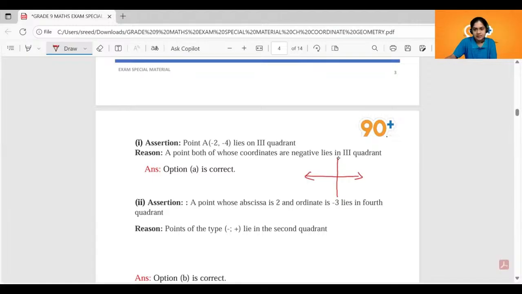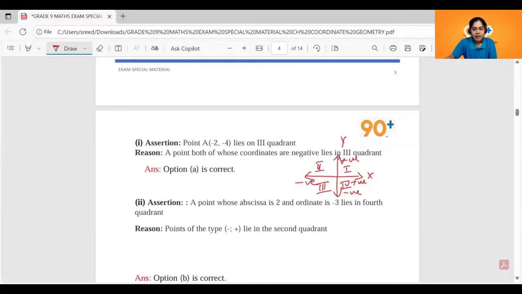This is the positive side of the x-axis, this is the negative side of the x-axis, and this is the y-axis, positive and negative. So this is the first quadrant, this is the second, this is the third, and this is the fourth. We move in an anti-clockwise direction starting from 1, right?